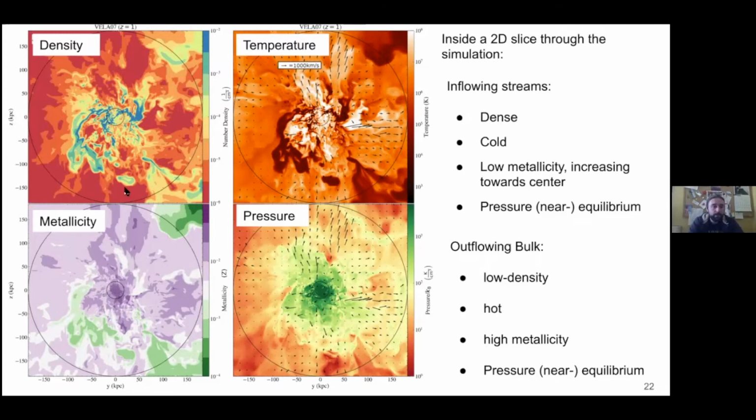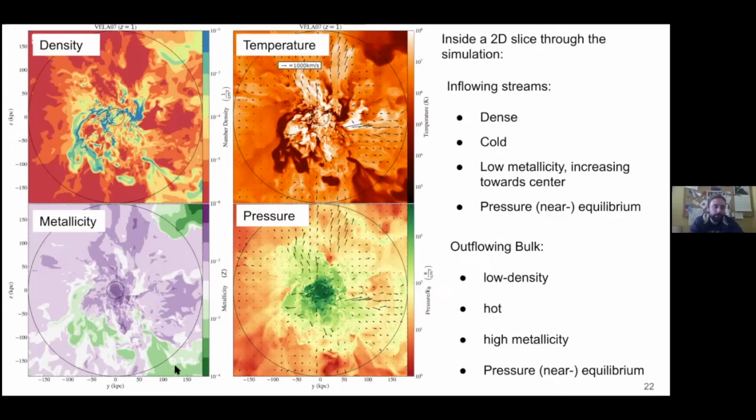And so we see that that inflowing stream has high density compared to this bulk, which is low density, and it's at low temperature. So this is dark as opposed to white or orange, which is this bulk region. And the bulk region is also outflowing really fast at about 1,000 kilometers per second. So these are dense, they're cold, they are low metallicity.